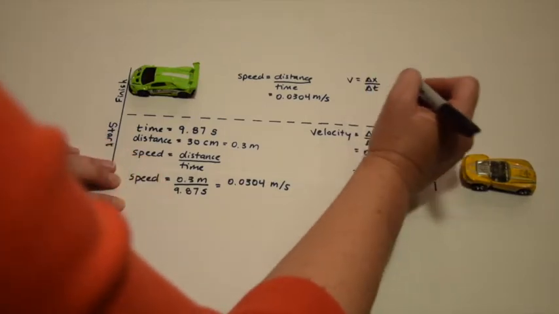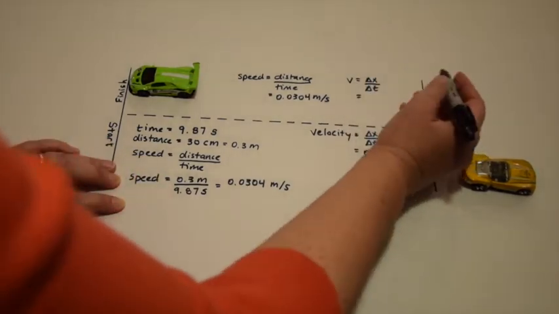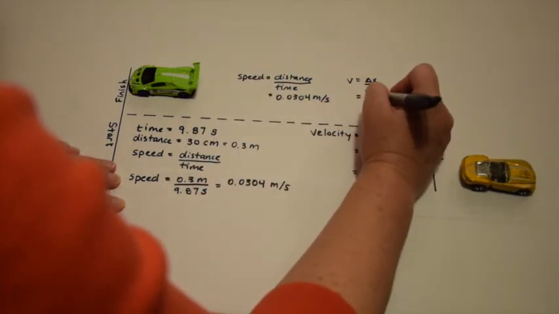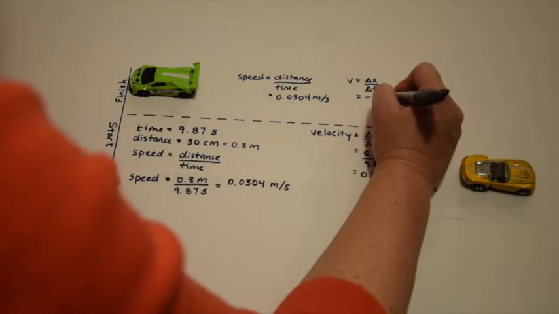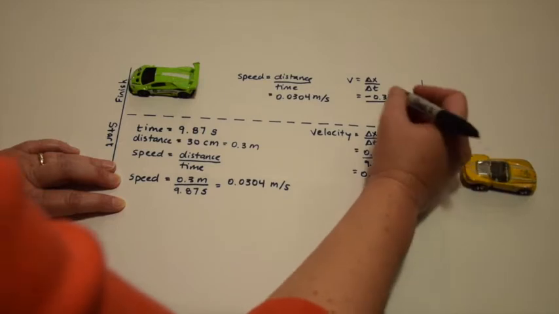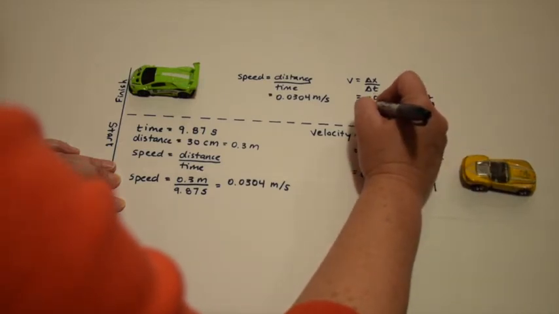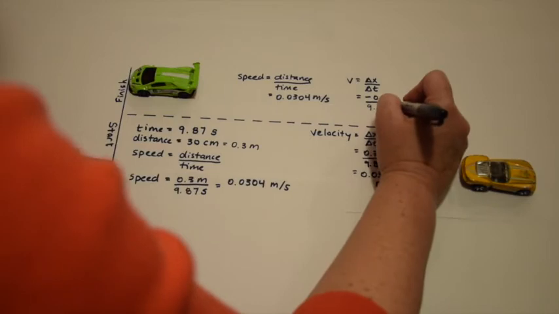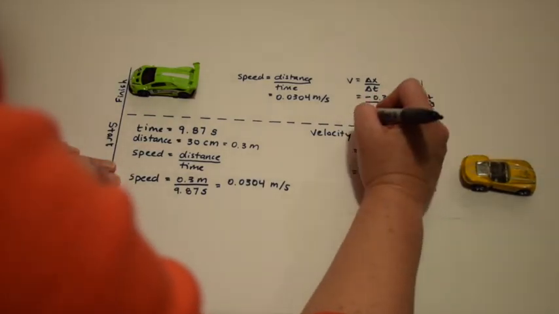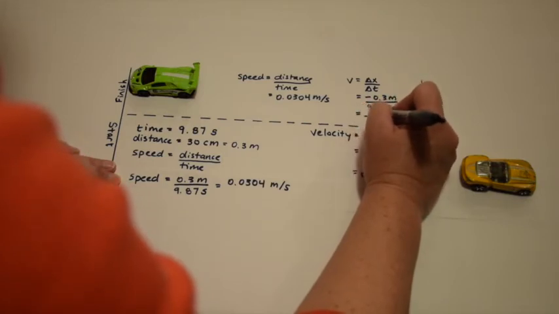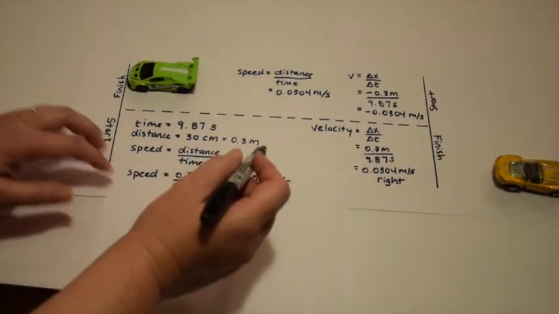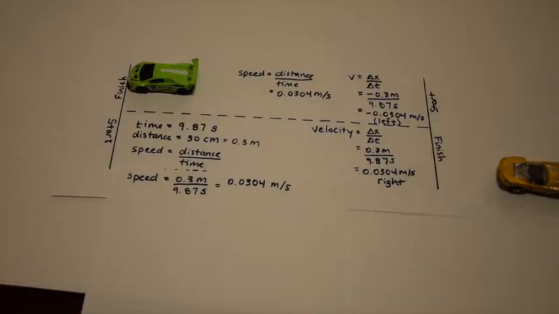Displacement over time: displacement here is going to be a negative 0.3 meters. The time is positive, so that's going to be 9.87 seconds. And when we calculate that out, that's going to give us a negative 0.0304 meters per second. So you can see that the velocities are different, but the speeds are the same.